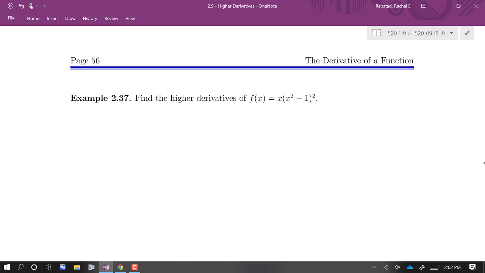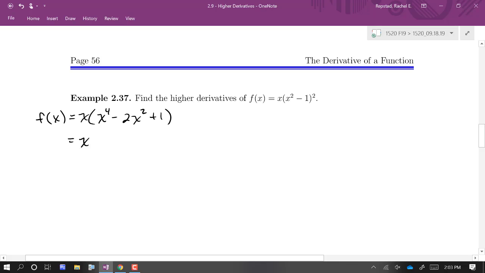There's a couple ways we could approach this, but I would posit that it's probably easiest to just multiply it out first. We'll do a little algebra, and then all we have are polynomials. Just power rule all the way down. So we've got a factor of x, and then if we square out x squared minus 1, we get x to the 4th minus 2x squared plus 1, and then we can distribute the x.